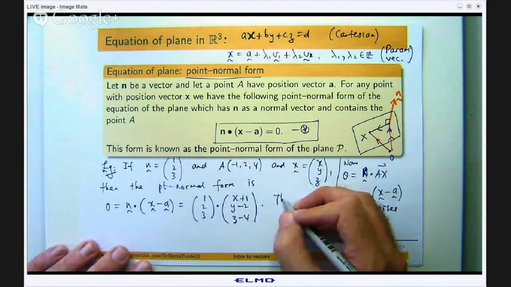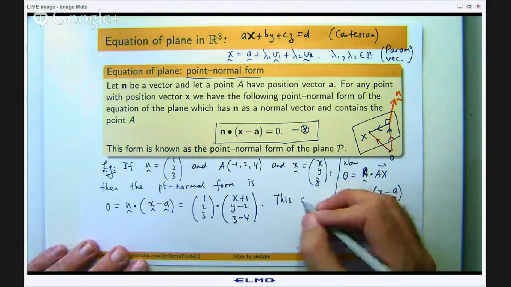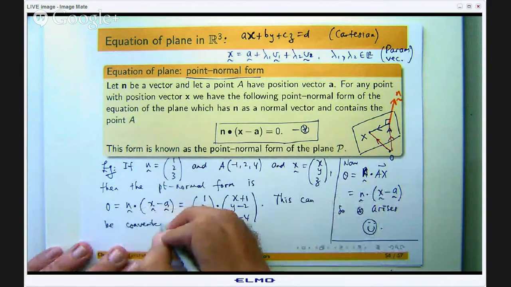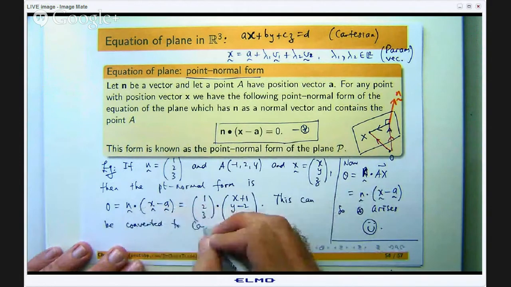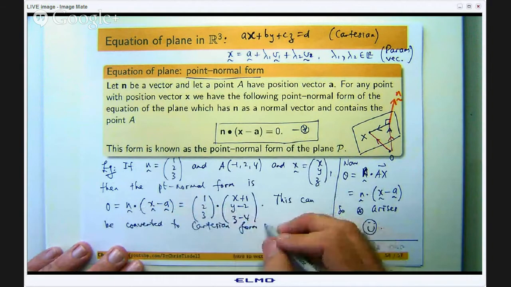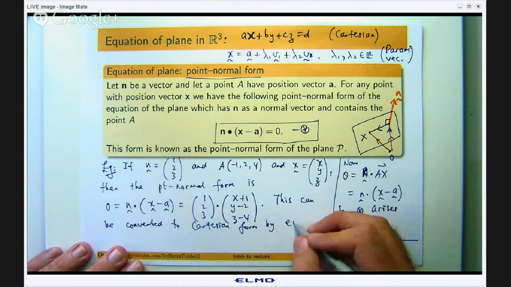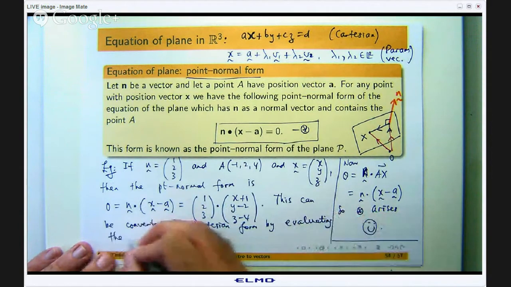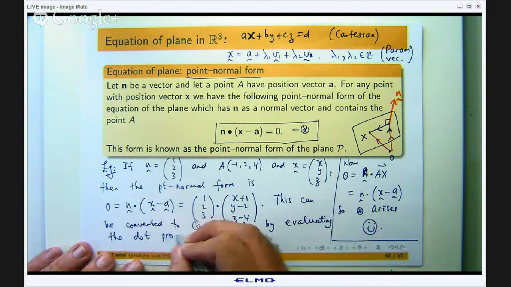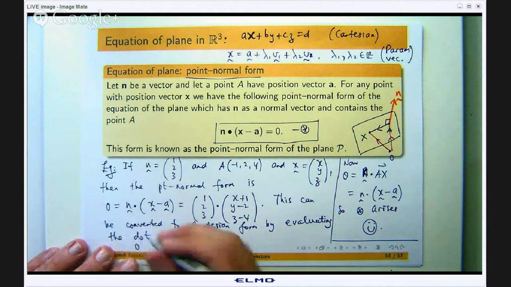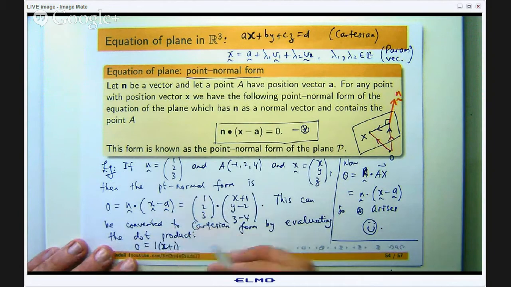So this can be converted to Cartesian form by evaluating the dot product. Okay, so what I'm going to get? I'm going to get 0 equals 1 times x plus 1. See if I can squash it in here.